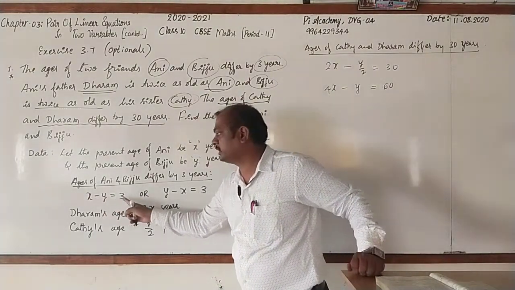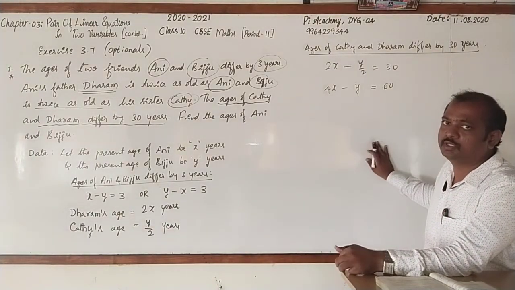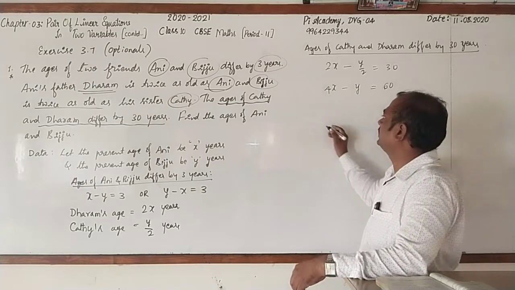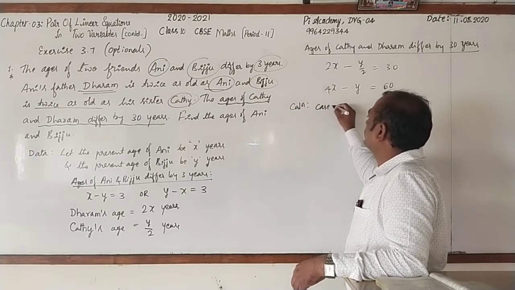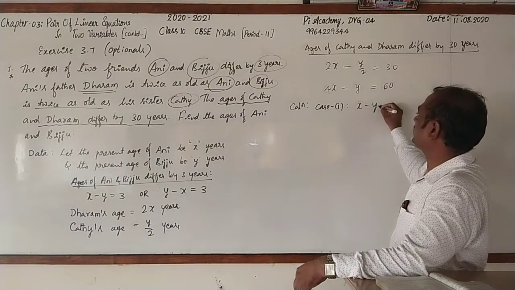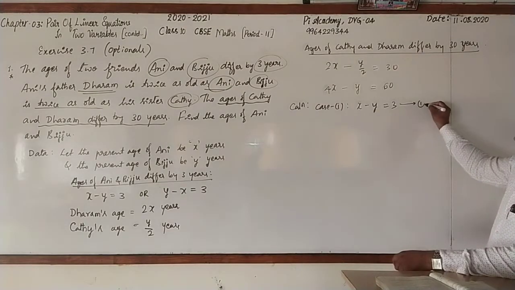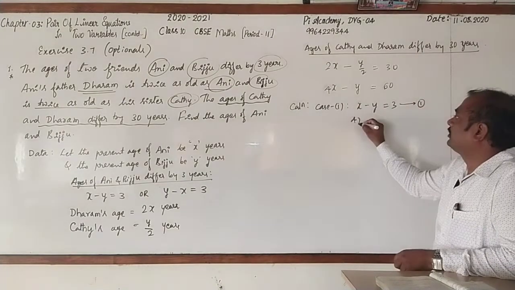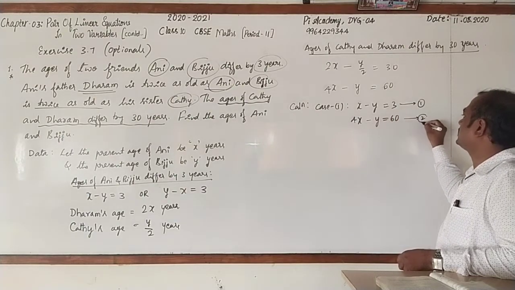Case 1, x minus y equal to 3. And case 2 is y minus x equal to 3. Let us go for solving them. Here I will write in calculation case 1. What is that? First, x minus y equal to 3. You may call this equation 1. Now second equation, 4x minus y is equal to 60. It is equation 2.